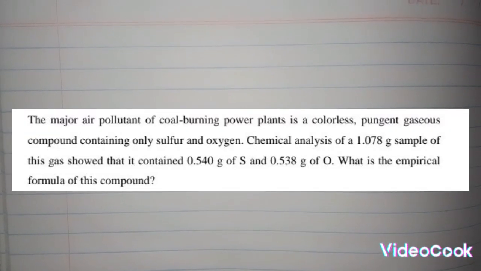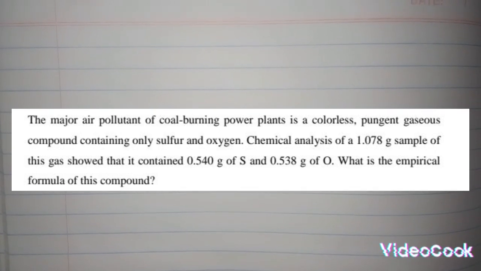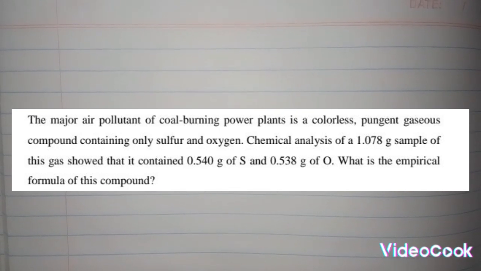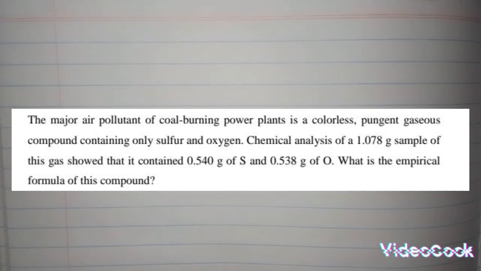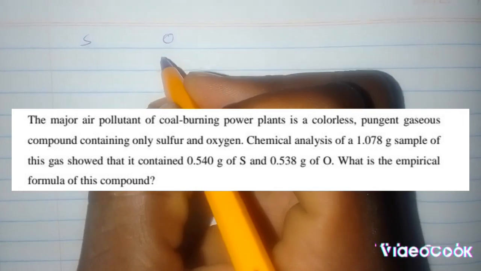Okay, question number 1 reads, the major air pollutant of coal burning power plants is a colorless, pungent gaseous compound containing only sulfur and oxygen. So the substance contains only sulfur and oxygen.